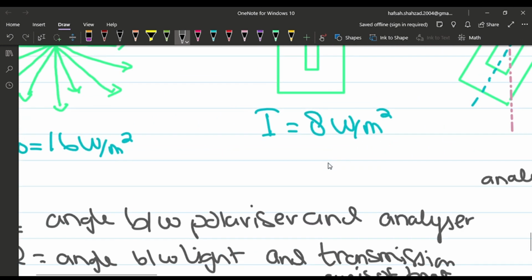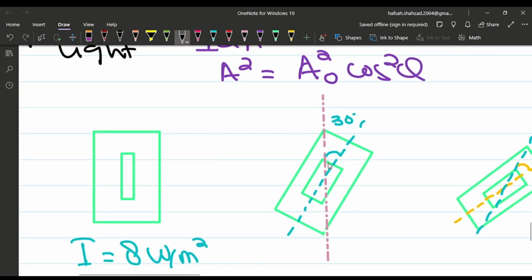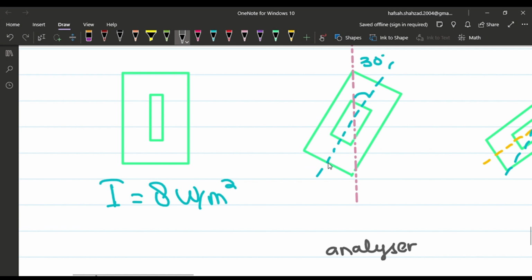So using the first definition, because this is oriented in the vertical plane, I've drawn this vertical line over here, and this polarizer has been tilted 30 degrees clockwise. So the angle between the polarizer and the analyzer is 30 degrees.